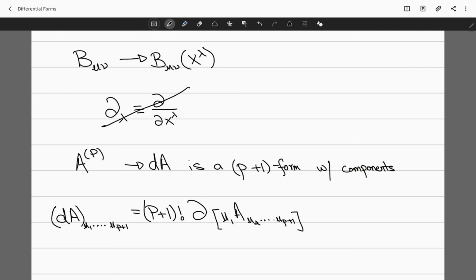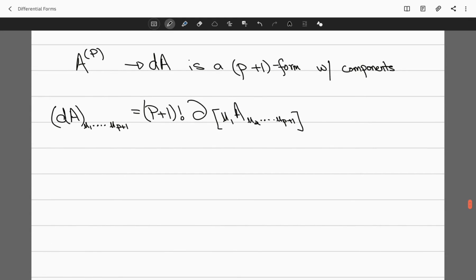Now, the exterior derivative has at least three nice properties. The first one is that it satisfies the modified Leibniz product rule.